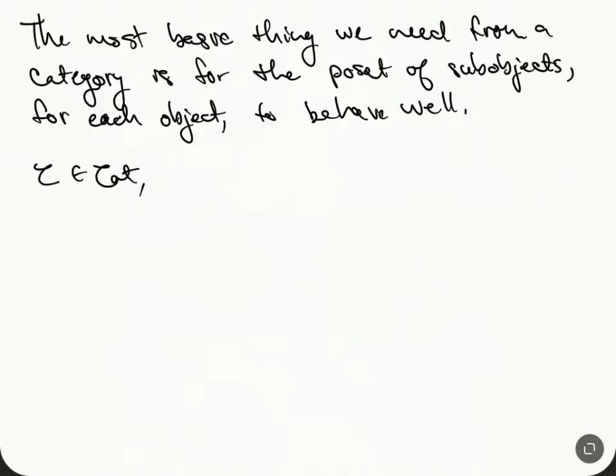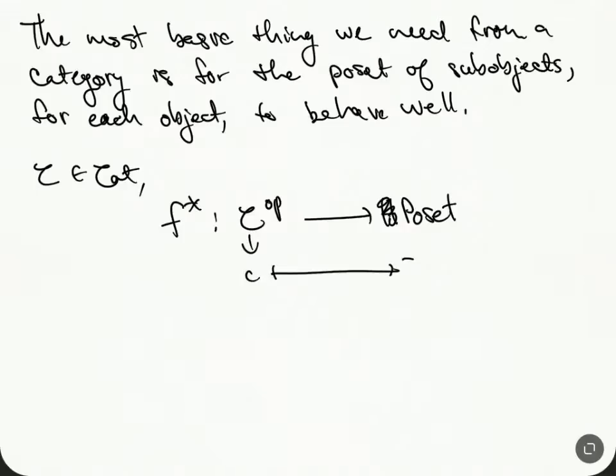What we'll need is a functor from the opposite category here, so that means it's going to be contravariant, to, let's say, the category of posets. And what it's going to do is take some object and map it to the subobjects of C here.